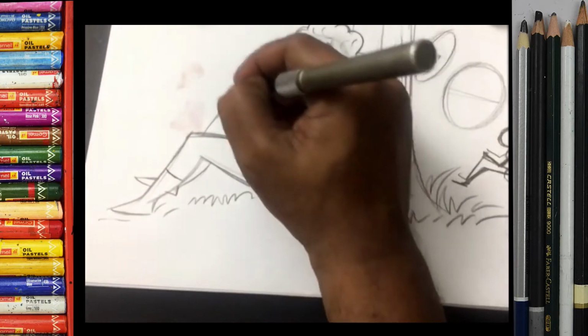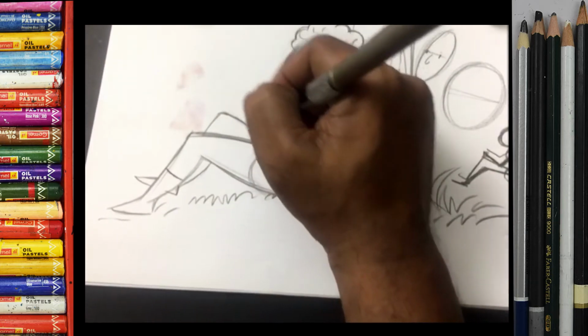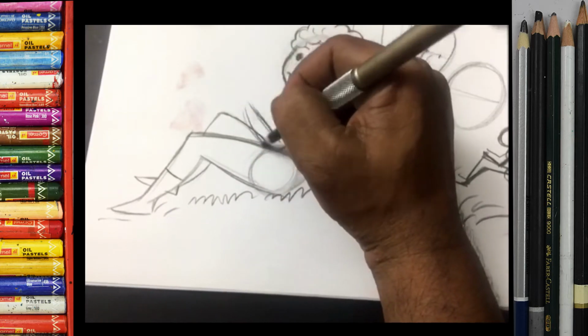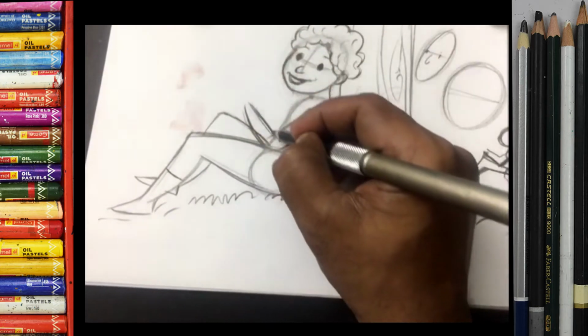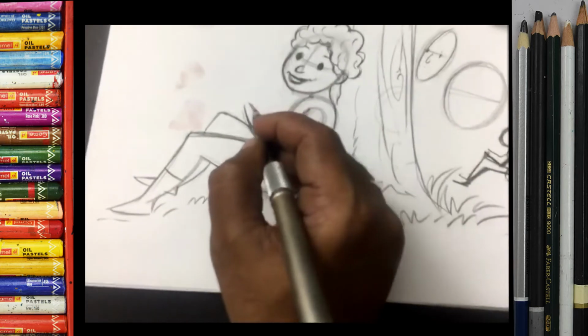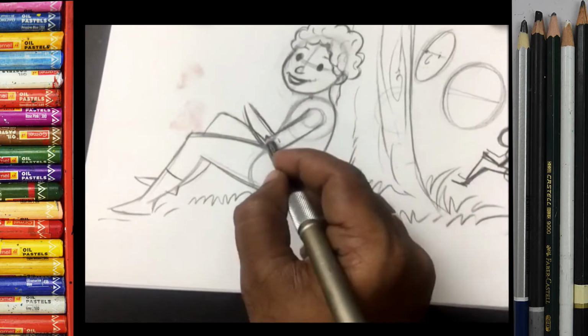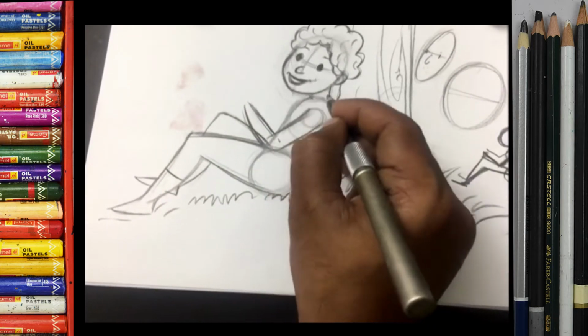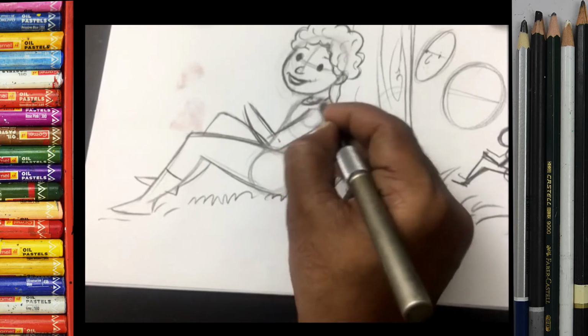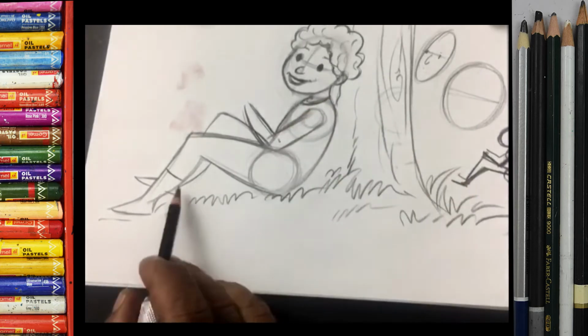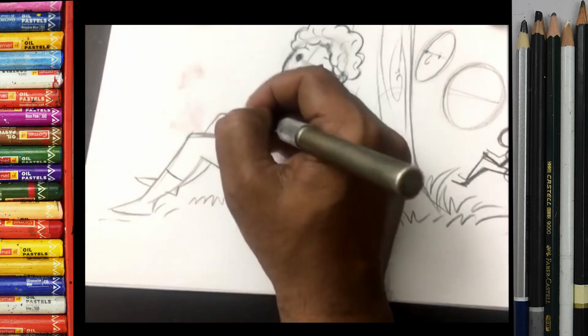Okay. Like this. Hands coming from here. Okay. So the leg is just reading a book.